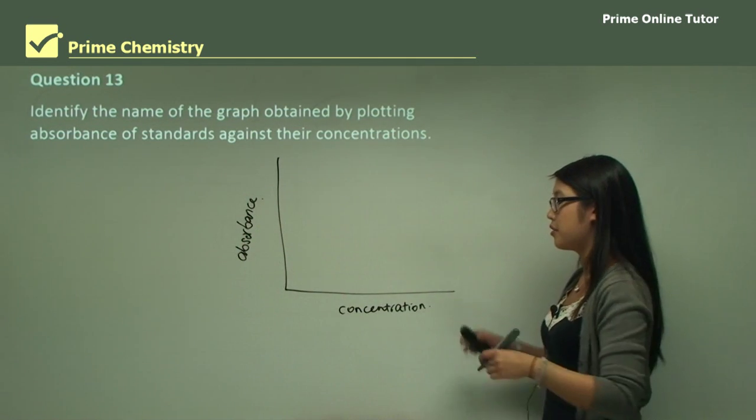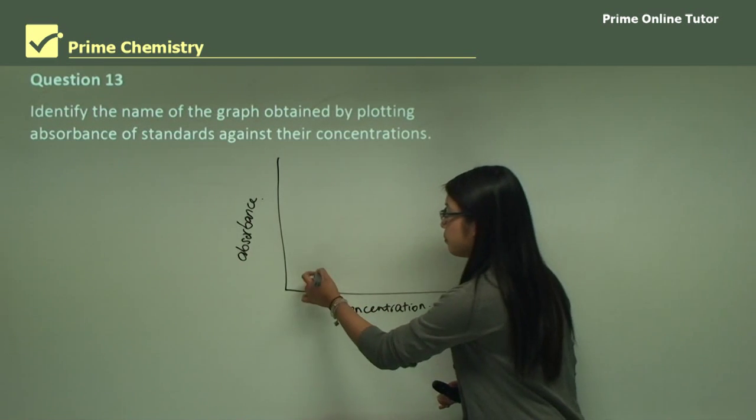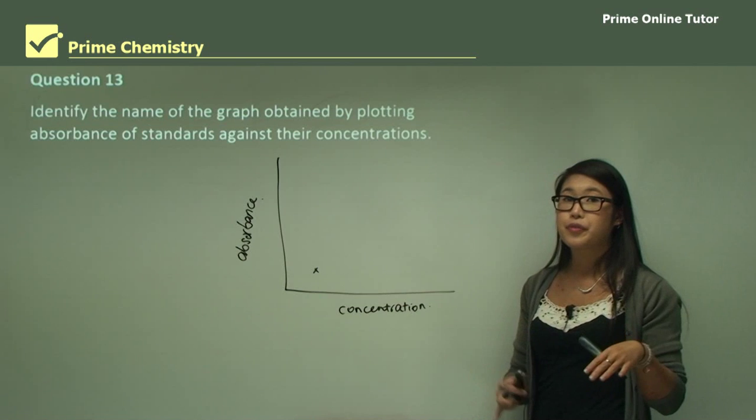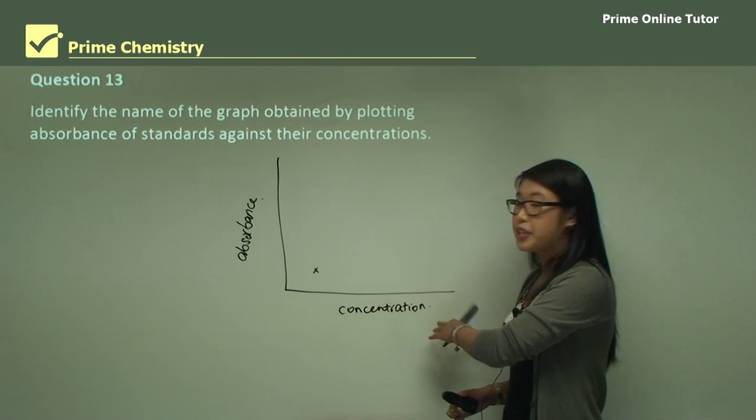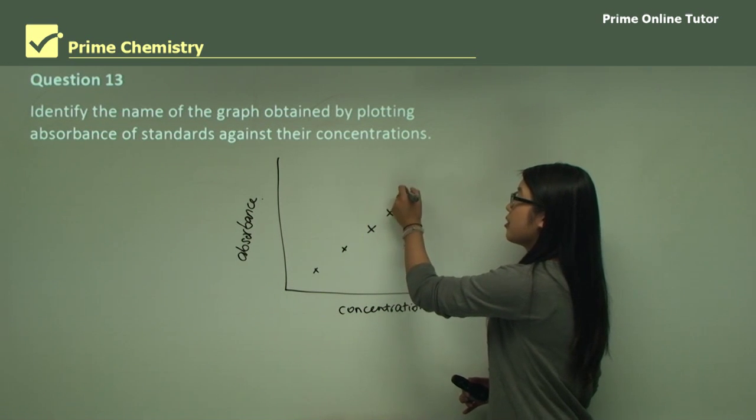So if we know the concentration and then we measure the absorbance, we can then plot it. And then we do this for a range of concentrations that we know, and then measure the absorbance. So this is a standard.